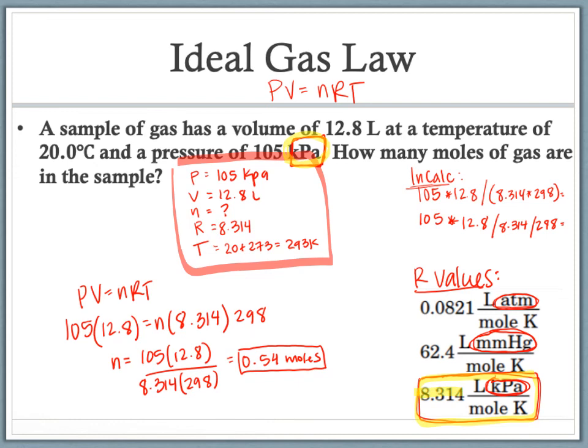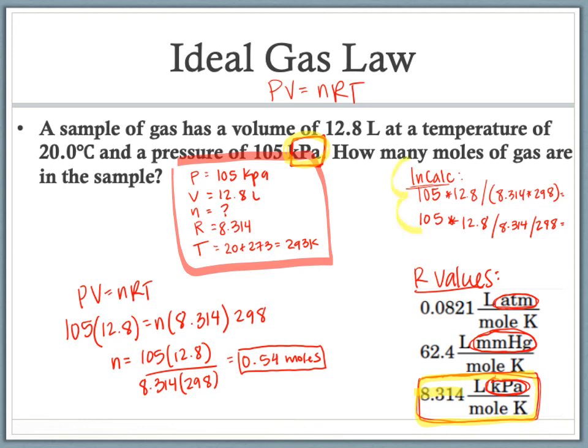And temperature, we always convert to Kelvin. So PV equals nRT, and we plug in 105 times 12.8 equals n times 8.314 times 298. To solve for n, we do 105 times 12.8 divided by 8.314 divided by 298, and we get 0.54 moles.